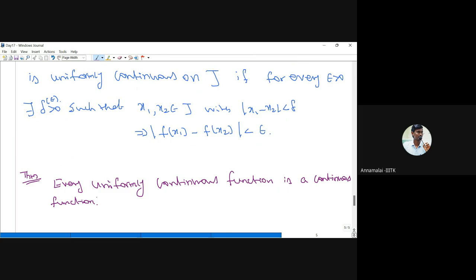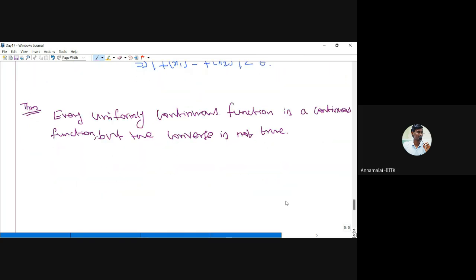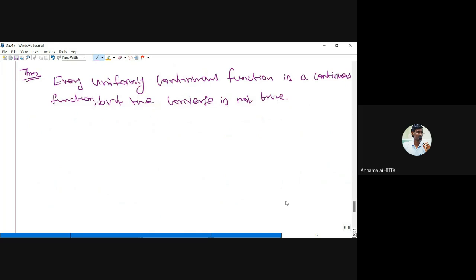Not all continuous functions are uniformly continuous. In general, the converse need not be true. Why? We discuss some examples. So we have discussed the uniform continuity of a function. Example.